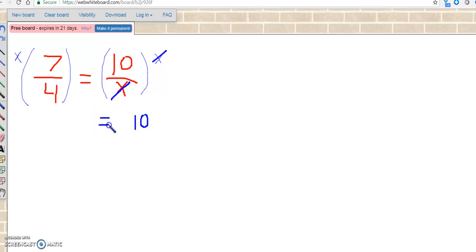What happens on the other side is we have 7x/4. Now what we're going to do is multiply both sides by 4.